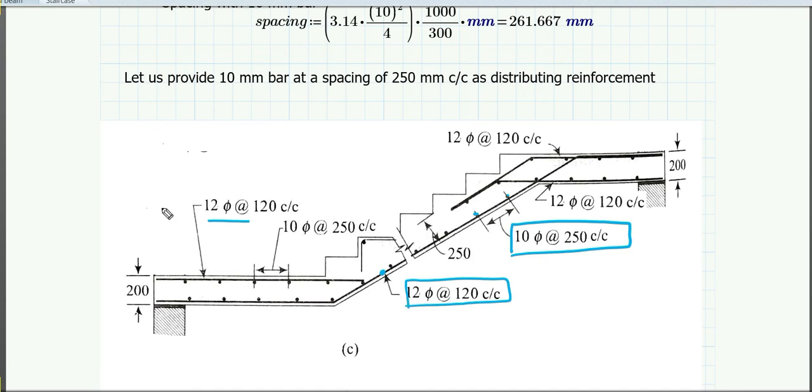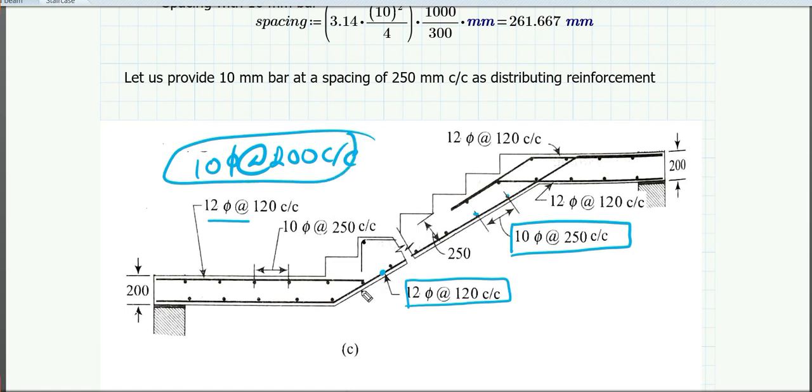To be on the safer side, you can also provide, say, 10 phi at 220 center to center, or 200 mm center to center. But as we have calculated this value and we are very confident about it, going for a nominal reinforcement, you can just provide this one, so it will be on the safer side itself. So here the longitudinal reinforcement is 12 phi at 120 center to center. Here also the distribution reinforcements are 10 phi at the rate of 250 center to center.